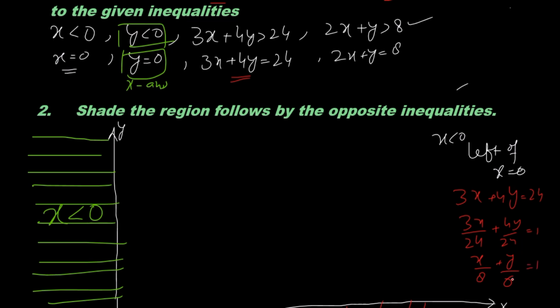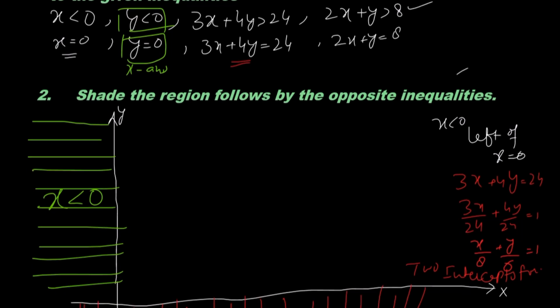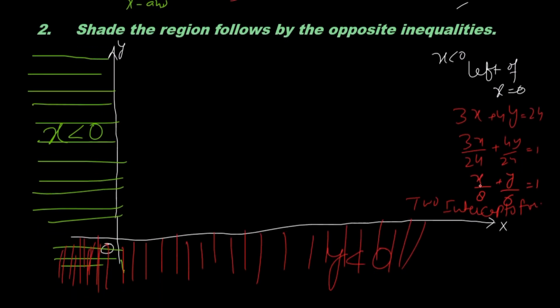This is called the two intercept form. The number in the denominator of x, which is 8, represents that this line will cut the x-axis at x is equal to 8, while the number in the denominator of y, that is 6 here, shows that this line will cut the y-axis at y is equal to 6.